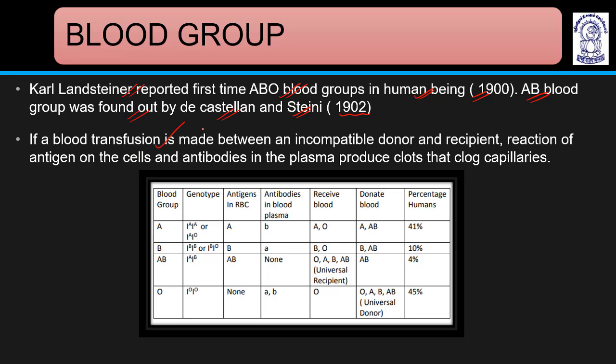If blood transfusion is made between an incompatible donor and recipient, the reaction of antigen on the cells and the antibodies in the plasma produces clots that block the capillaries.